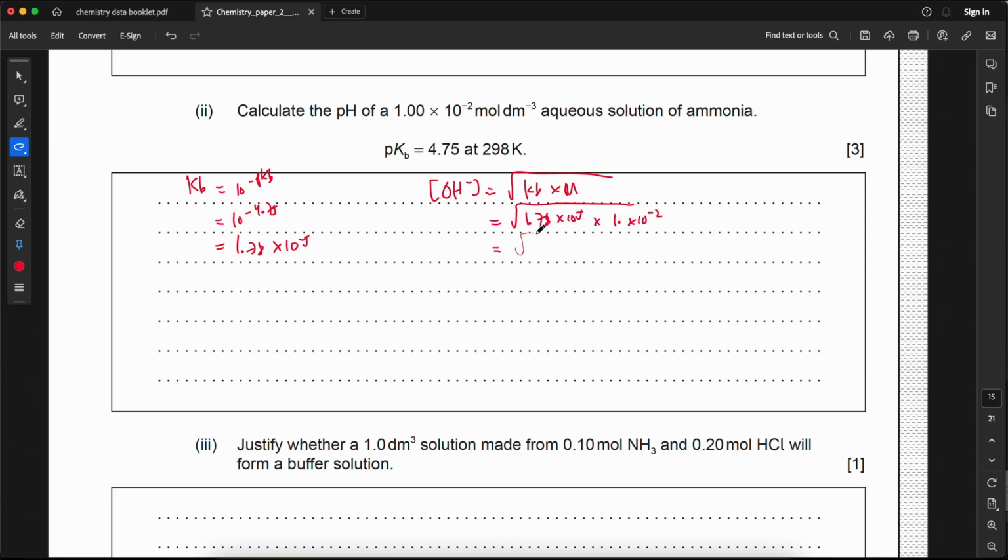You get 1.78 times 10 to the power negative 7. Then the square root would be 4.2 times 10 to the power negative 4 mole per decimeter cubed. And you can get pOH by doing negative log of this number, and you get 3.37, and pH is 14 minus 3.37, which is 10.6.